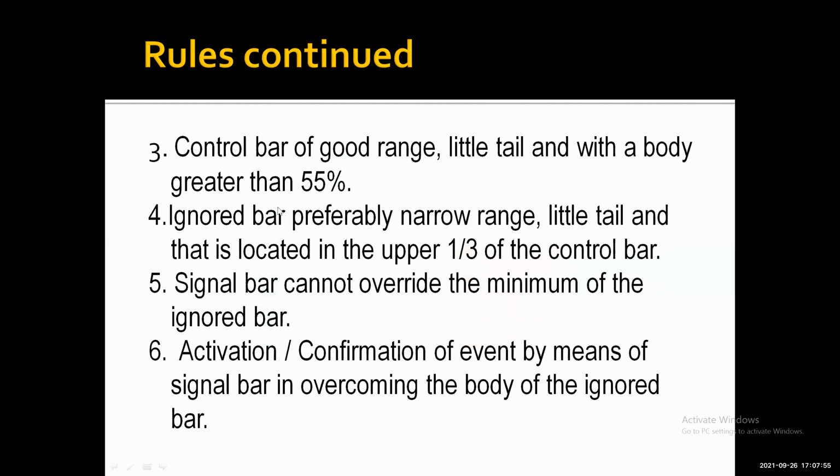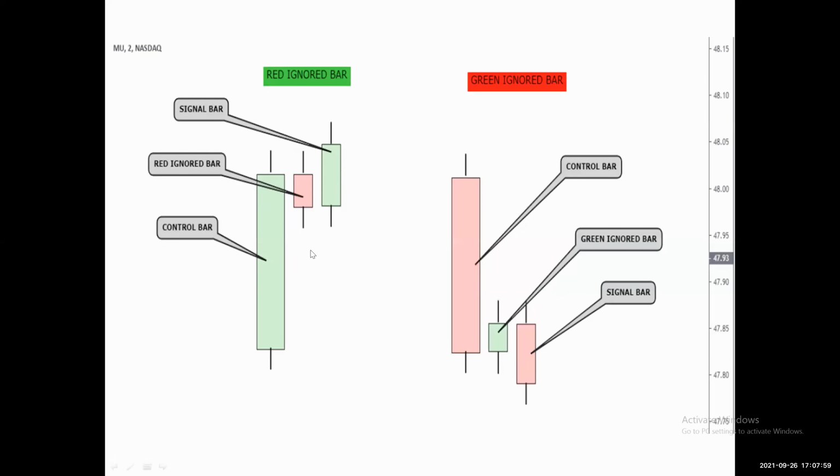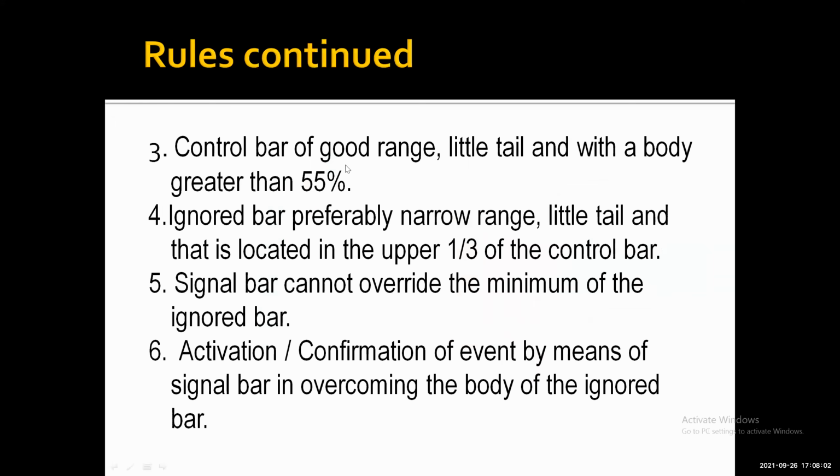Now, the control bar, which is the first bar, what should it be? It should be a bar of good range with little tail, with a body greater than 55% of the total length of the candle. Please take a screenshot of this. The body of the control candle, the first candle, should be more than 55% of the total candle range.